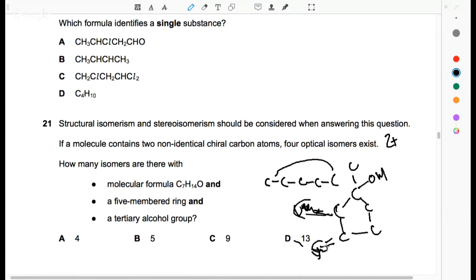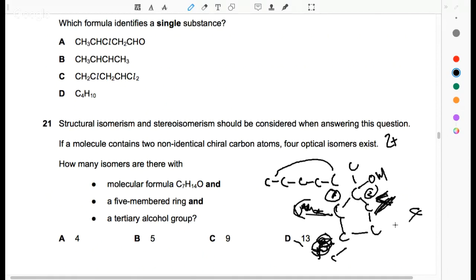If you consider this separately, you have one chiral center here and two chiral centers here. If we consider just this one, then we don't have any. So that will give you four chiral isomers for that structure, and for that one, you already have 1, 2, so another 4.